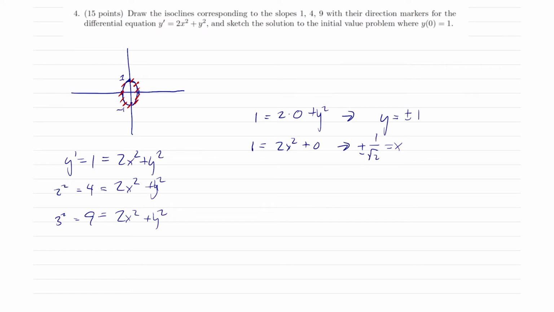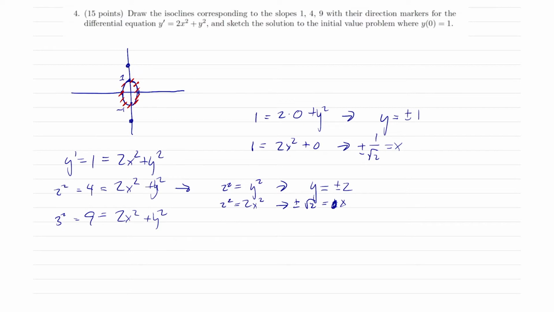All right, now let's take a look at the next one. If I just want the y-axis points, again, this is an ellipse. So I'm going to have 2 squared equal to y squared, and that's going to give me y is equal to plus or minus 2. And so it's going to put 2 here and 2 here. And then if I want the x value, then I'm going to have 2 squared is equal to 2x squared, and that's going to give me plus or minus square root of 2 is equal to x.